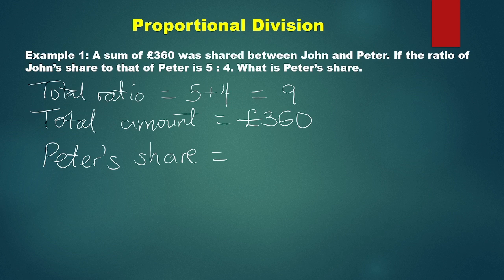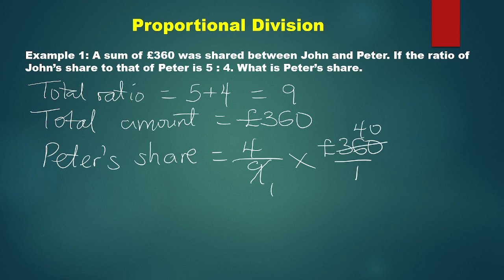Note, Peter's name comes second, so he has the second ratio 4, over the total ratio, which is 9, multiplied by £360 over 1. Now, 9 in 9 is 1, 9 in 360 is 40. If I multiply 4 times 40, that simply gives us £160. So it means that Peter's share in this given amount is £160 based on the ratio 5:4.